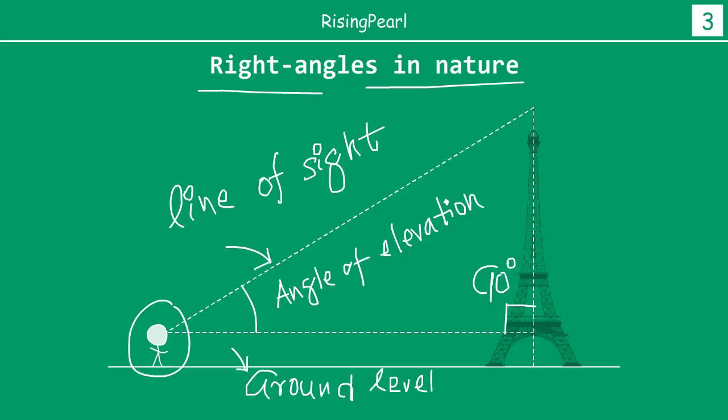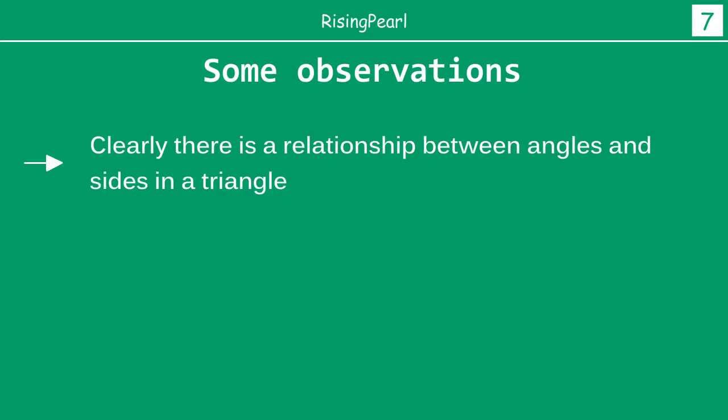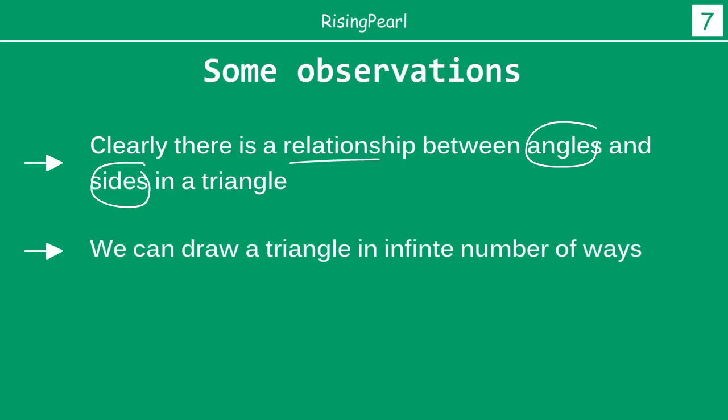So friends, now as you can appreciate, why do we see so many right triangles in nature? Some observations: clearly there is some sort of relationship between angles and sides in a triangle. We saw that. We have also realized we can draw any triangle in an infinite number of ways.